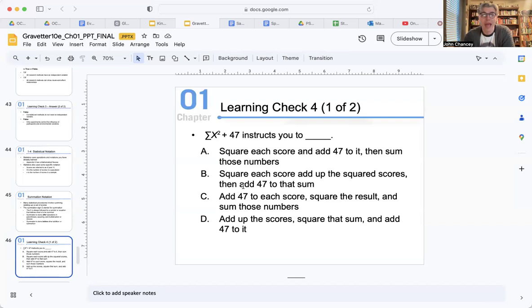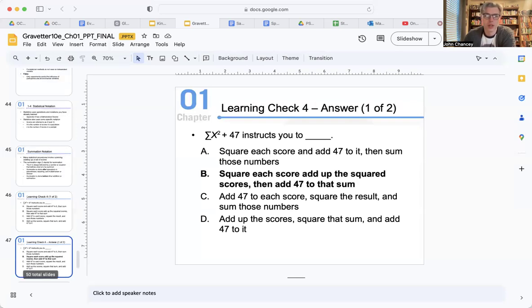C, add 47 to each score, square the result, then sum those numbers? Or D, add up the scores, square that sum, and add 47 to it? Pause the video to make sure you understand and come back once you have an answer.